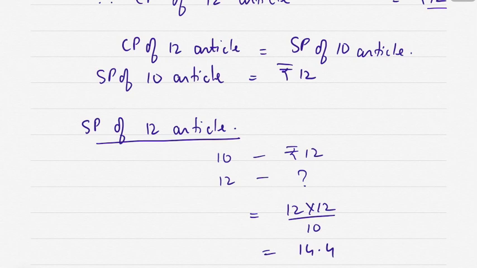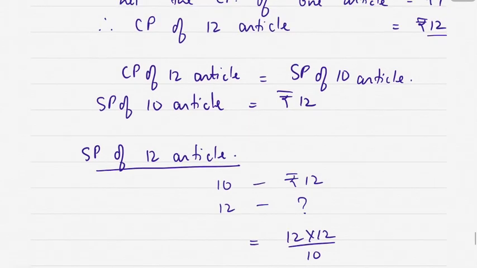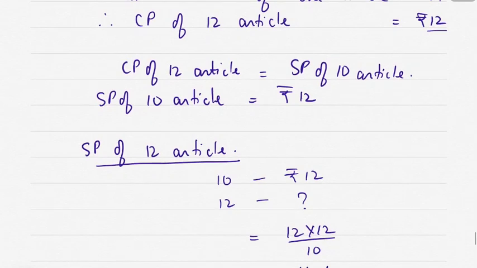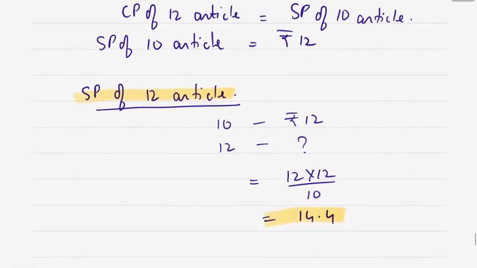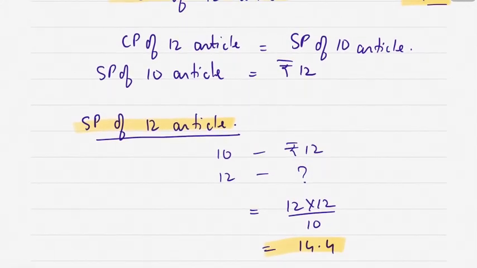Correct? So now you know selling price of 12 articles is 14.4, and cost price of 12 articles is 12. So now you can calculate profit.